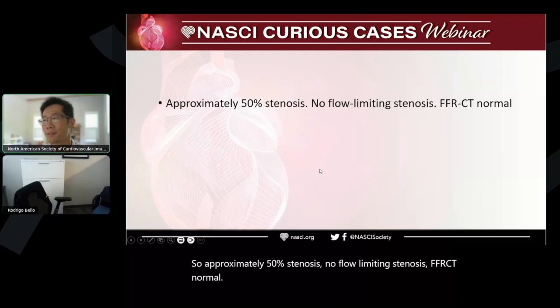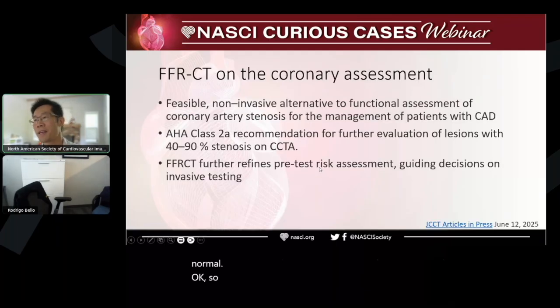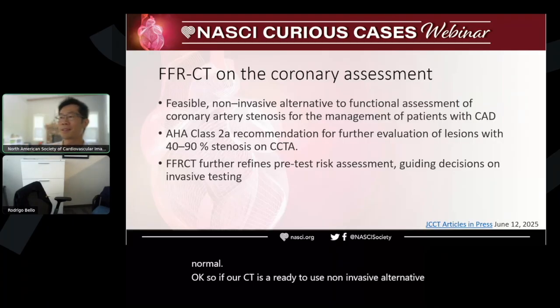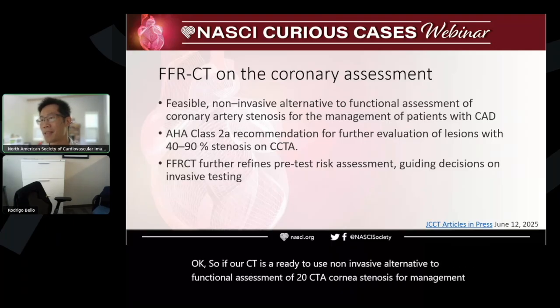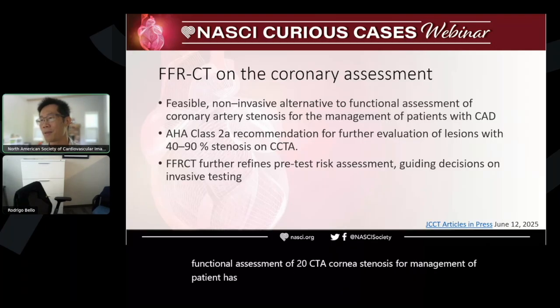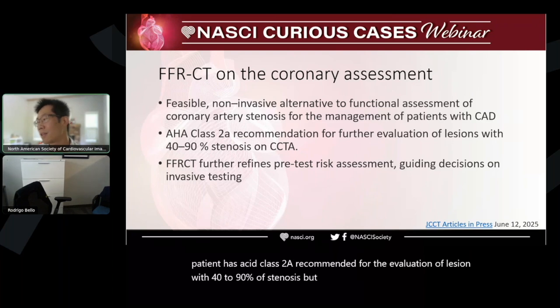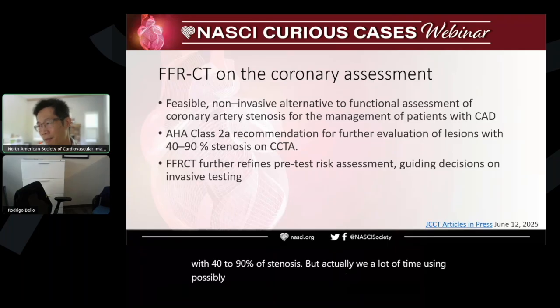Okay, so FFRCT is a ready-to-use, non-invasive alternative to functional assessment of coronary stenosis on coronary CTA for management of patients with CAD. It is AHA class 2A recommended for the evaluation of lesions with 40 to 90% stenosis, but actually a lot of the time we use possibly 30 to 70% stenosis.